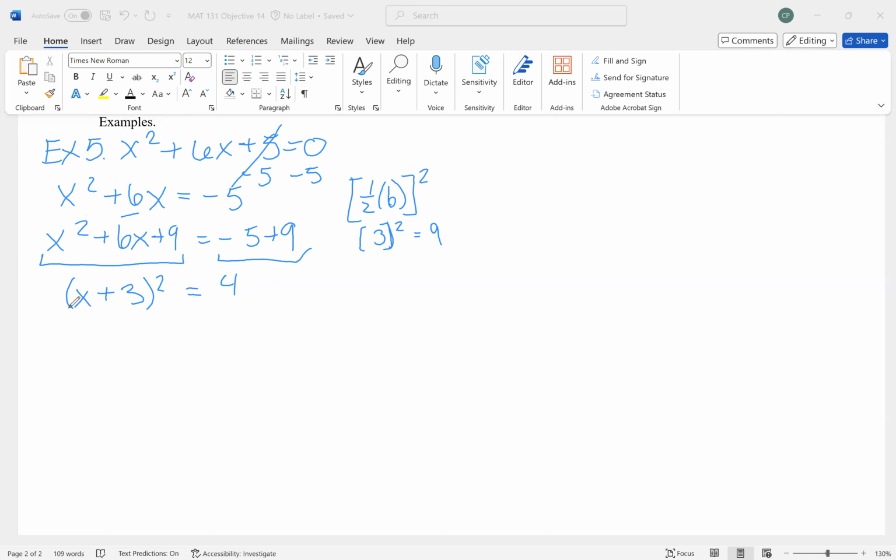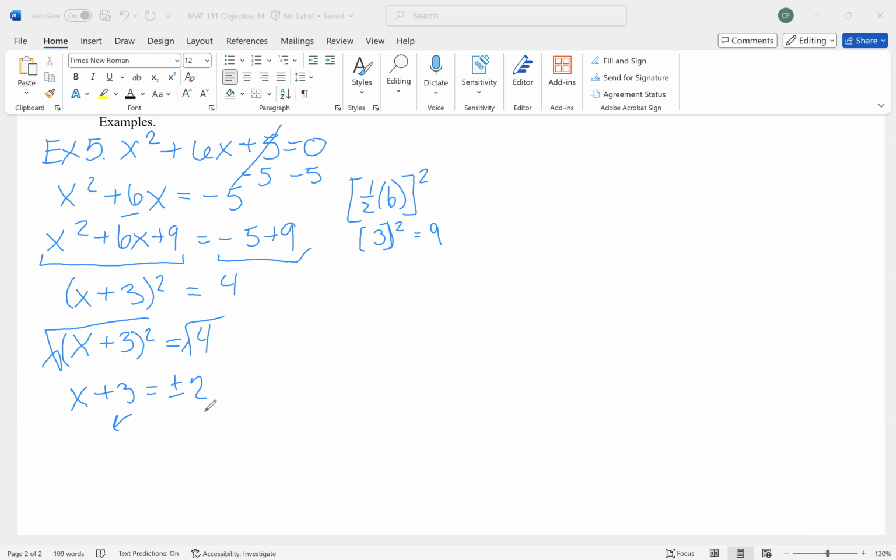Now that I have something squared equals a perfect square, I can take the square root of both sides. The square root of x plus 3 squared, I'm able to take that x plus 3 out. And the square root of 4 is going to be plus or minus 2.